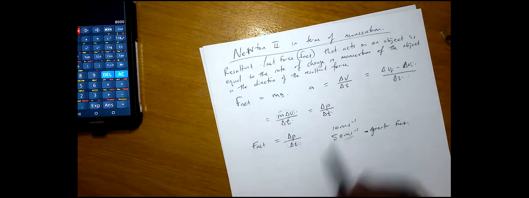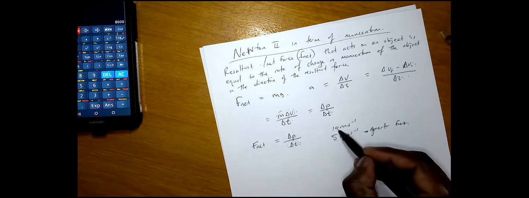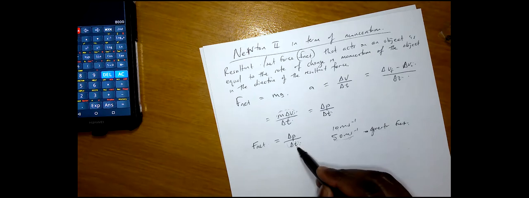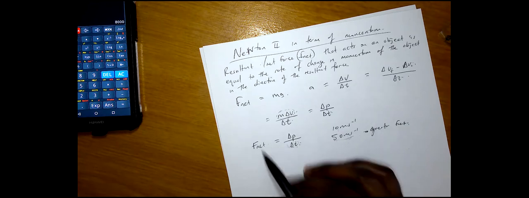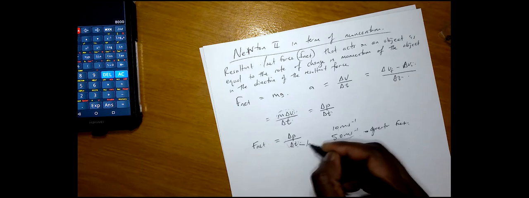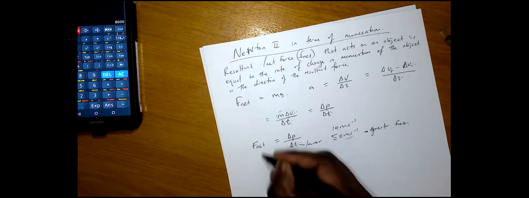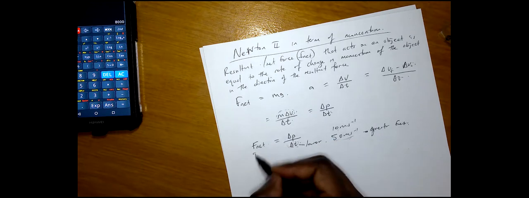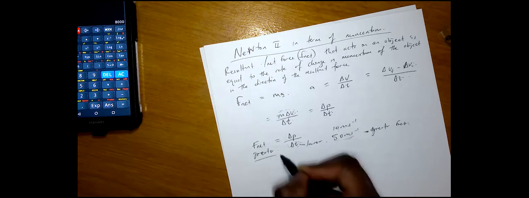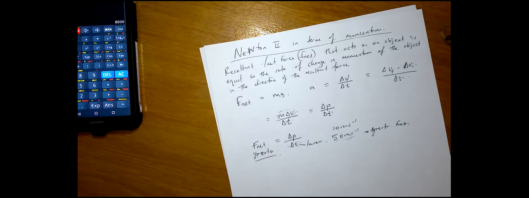And also we find that the ball will be in contact with your head for a longer time. When you have more time here, it means that the force value will be less. Once this one is low, this one becomes great. That's what you must understand there.